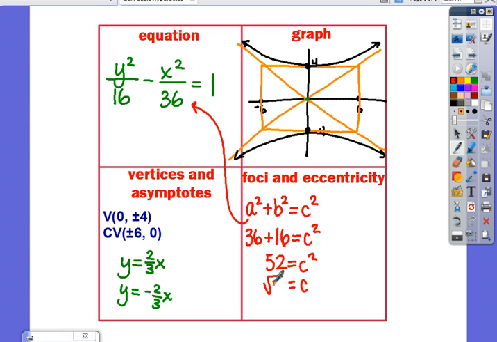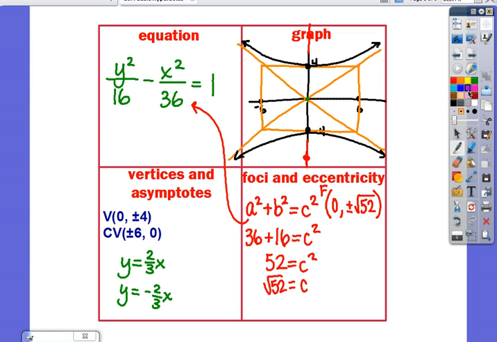Then you got the square root of 52, which is 7 point something. The foci are always in the bowls of the hyperbola, so from the center I go up to 7 point something and down to 7 point something, and that's where my foci are. So the foci are at 0 and plus or minus square root of 52.